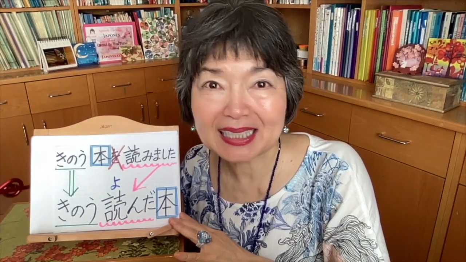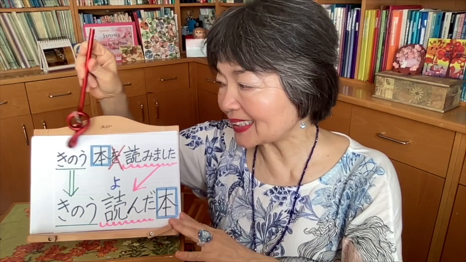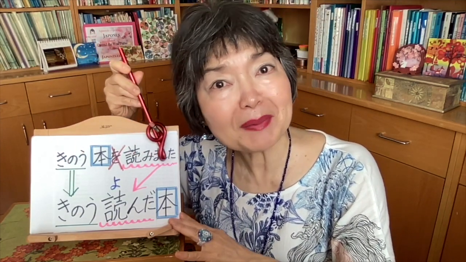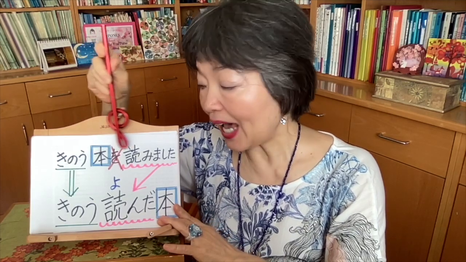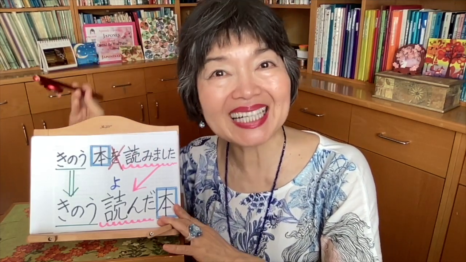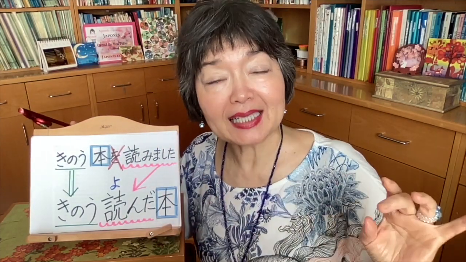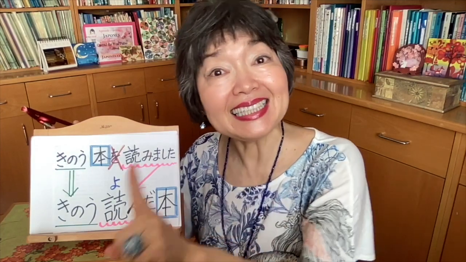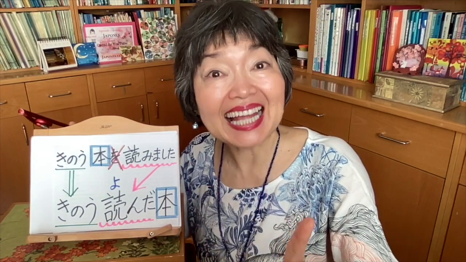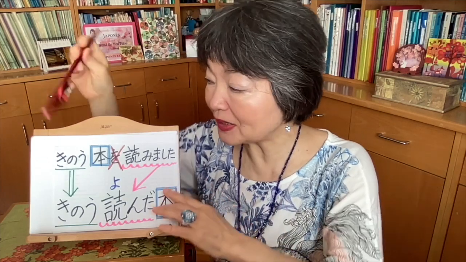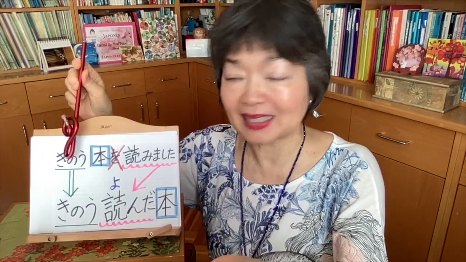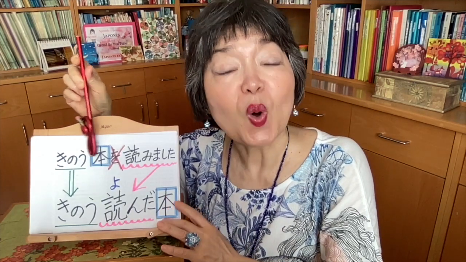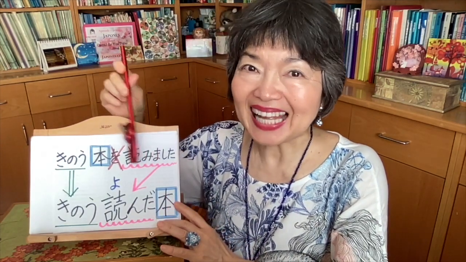Don't worry, I'm going to explain. Please look at this. 昨日本を読みました. It means yesterday I read a book. The normal order in a Japanese sentence is いつ、どこで、何を、しました. So いつ, 昨日; どこで, here we don't have this word; 何を, 本を; しました, 読みました.